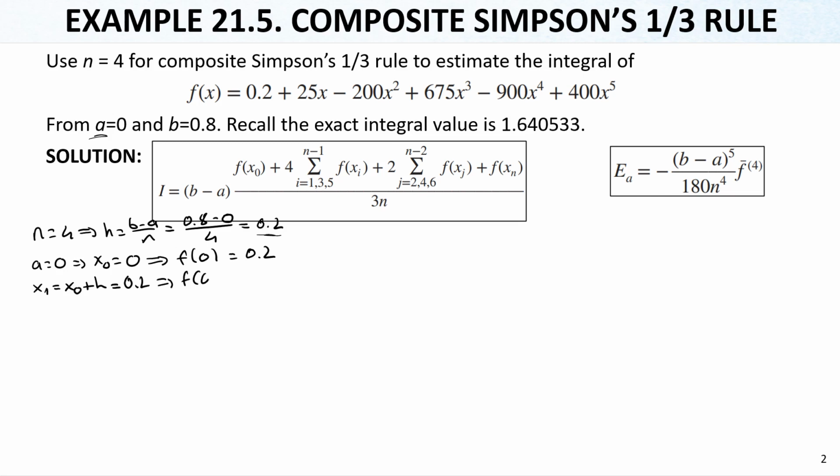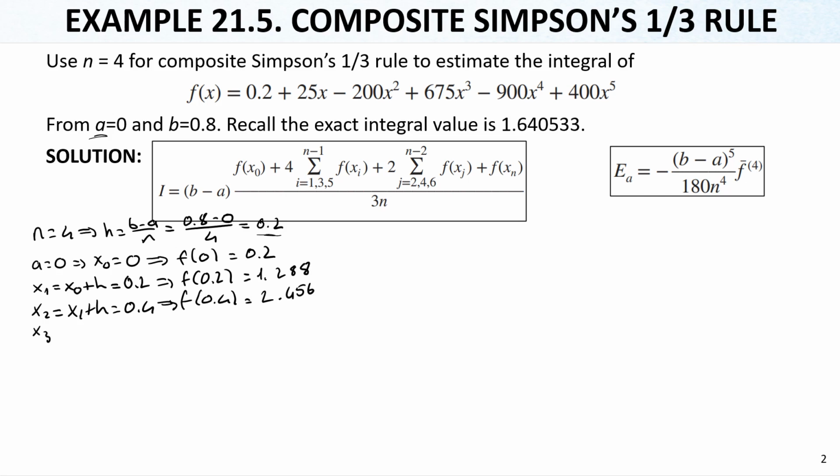Then f(0.2) is equivalent to 1.288. x2 is x1 plus h, which is 0.4. f(0.4) is equivalent to 2.456.